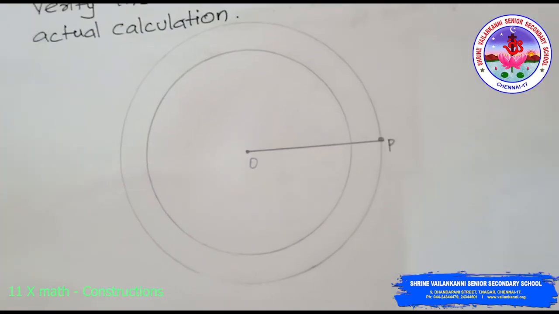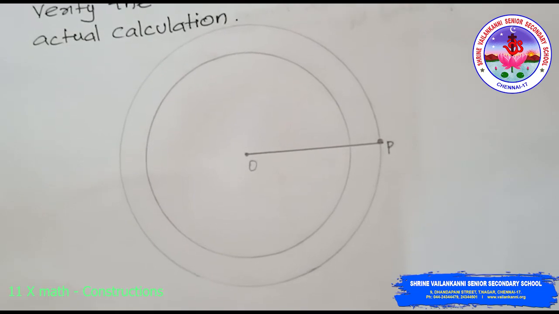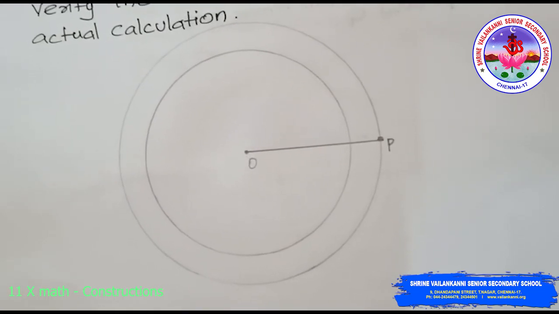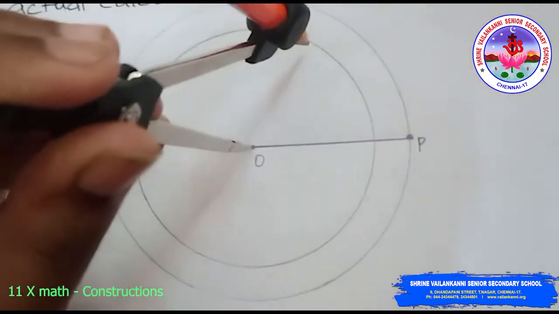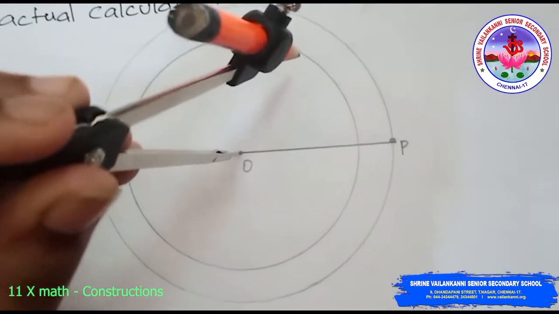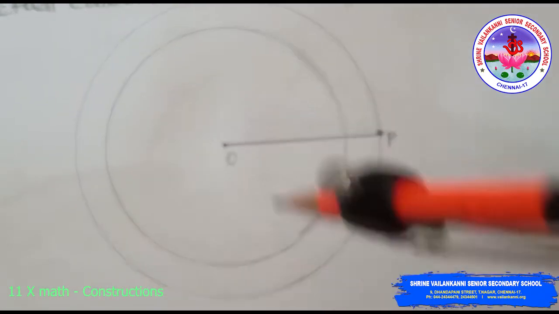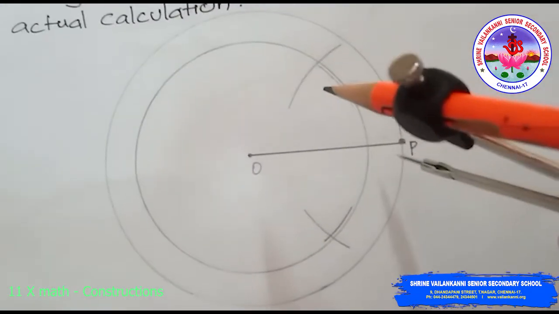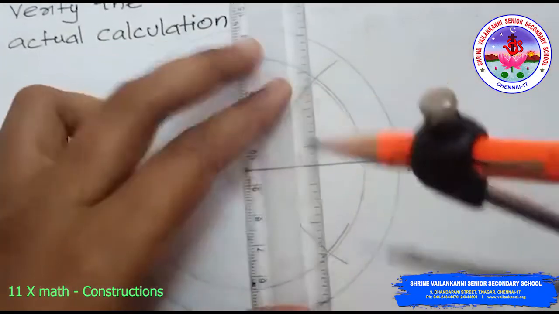OP. To find the tangents to a circle from an external point P, I am going to draw the perpendicular bisector, now making an arc on both sides of the line segment OP. We are going to join the arcs with the help of a scale.